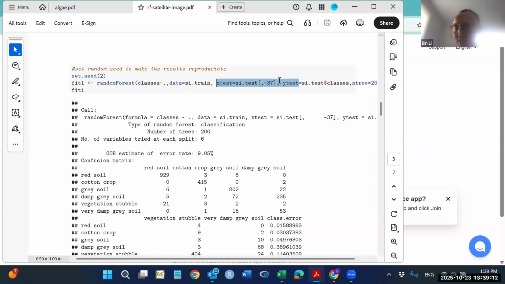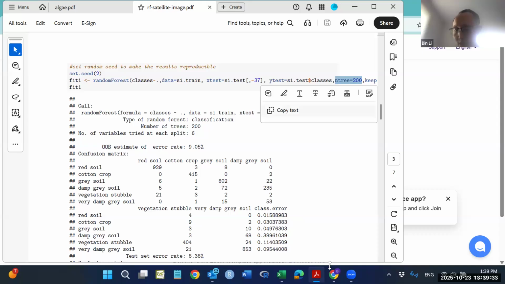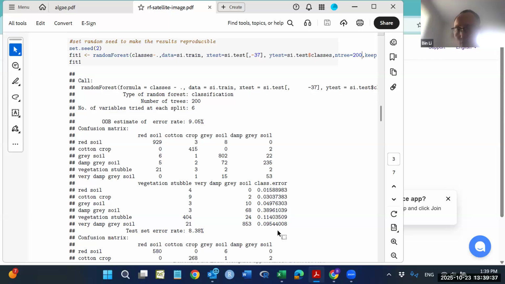X test is the predictors for the test set, and Y test is the labels for the test data. So the model is trained on the training set, but then makes predictions on the test set. Here I set the number of trees to be 200. By default it would be 500.